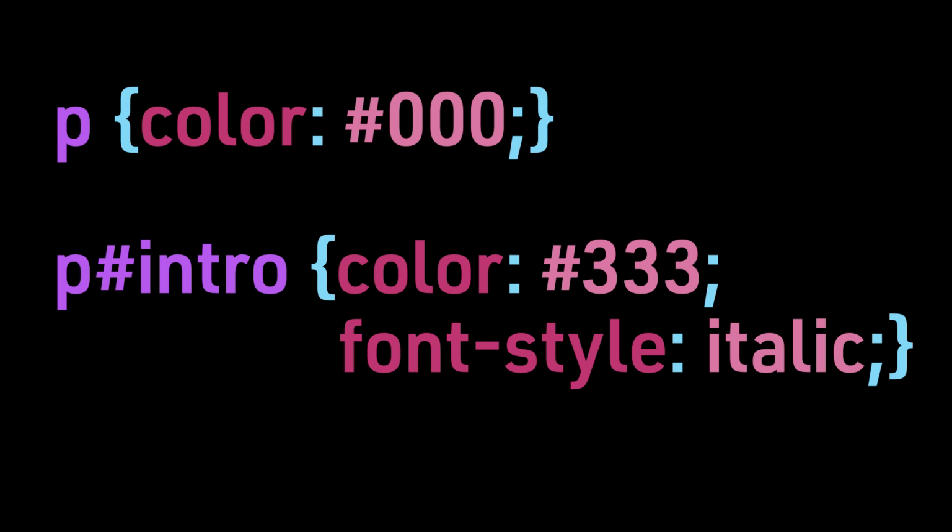What would be the result? Introductory paragraph text identified by the ID attribute of intro will be dark gray and italicized, since p#intro is more specific than p, or paragraph text.